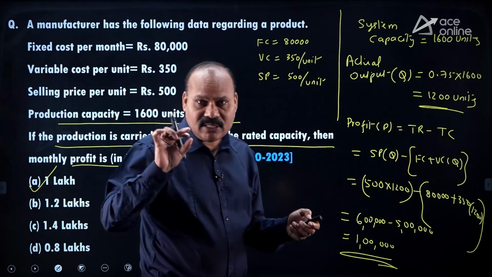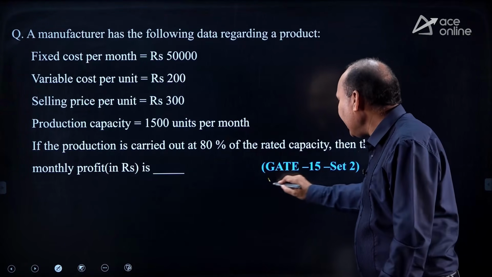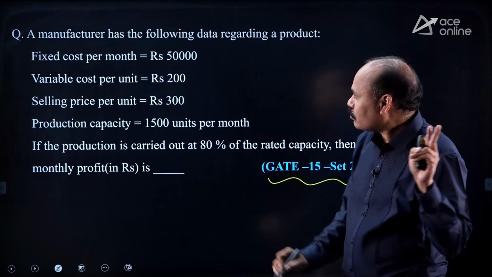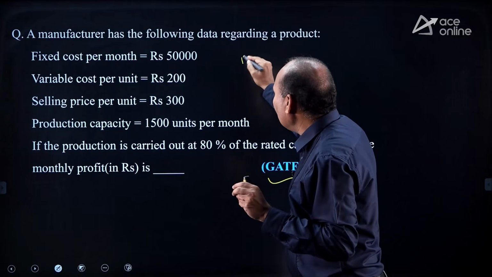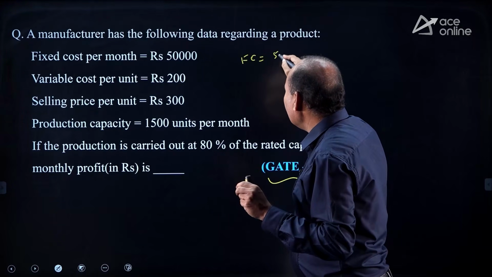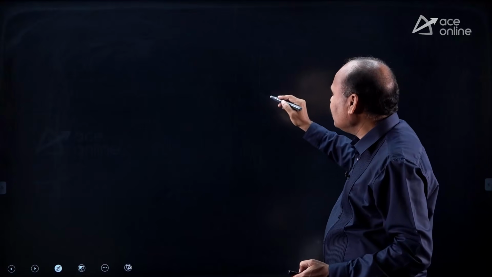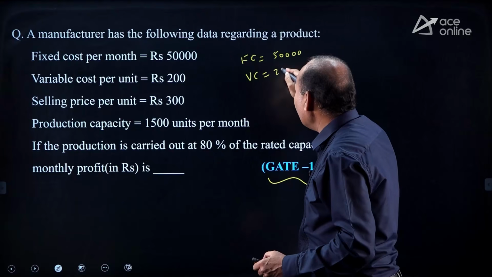ISRO 2023 question, no? Just I'll show you. Look at this GATE 2015 question, a 2 marks question. A manufacturer has the following data. FC is equal to 50,000. In the previous model, how much was it? 80,000. He has mentioned 50,000. Variable cost 200 per unit.